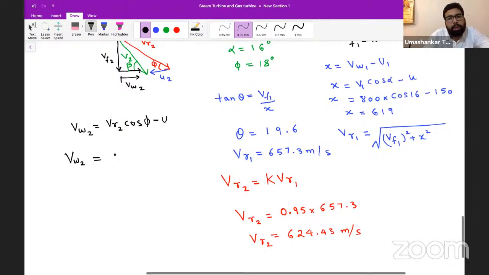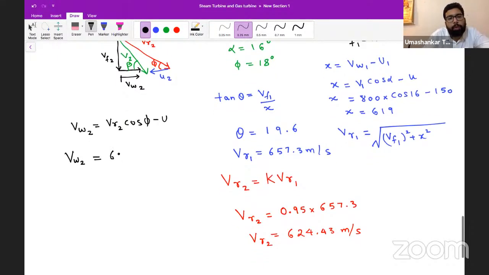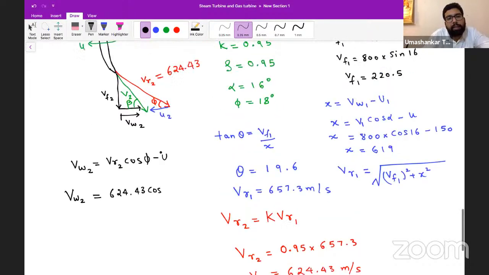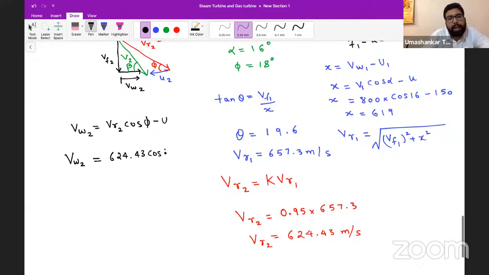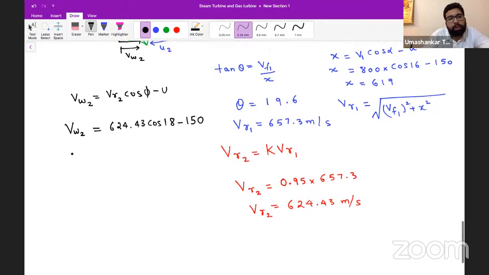VR2 is 624.43, and phi is given to us as 18 degree, and this is minus 150. So this VW2 is going to be, can somebody tell me? 443.86, as Aishwarya is telling me.